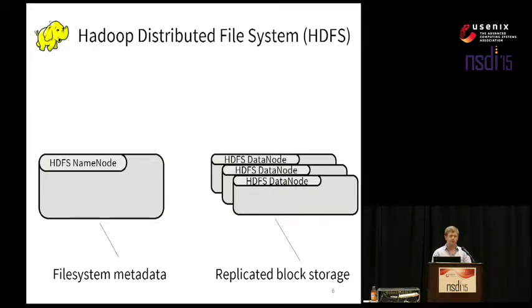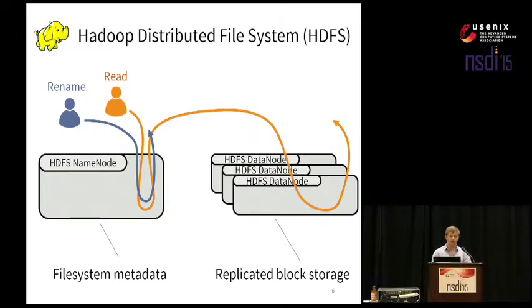A metadata operation, such as a rename, will typically only contact the name node, or a client reading or writing files will first contact the name node to acquire the locations of the file's blocks and then contact the relevant data nodes. Along the way, there are several resources that are consumed, such as a shared RPC thread pool queue and a read-write lock on the name node, and of course, system resources like disk on the data node.